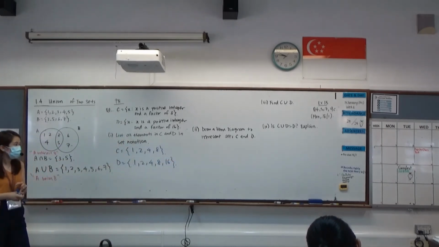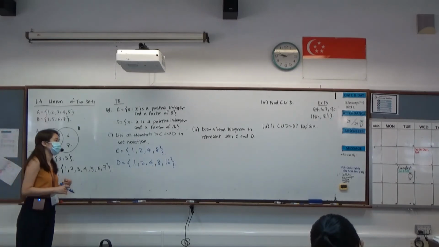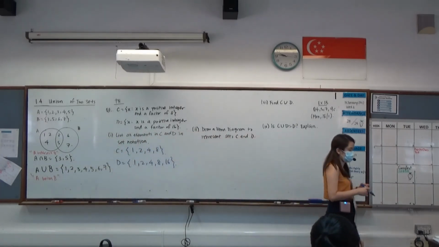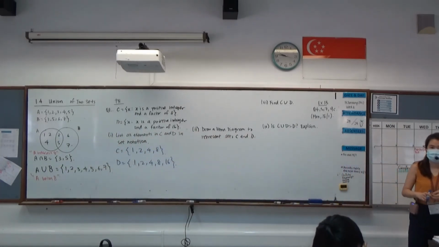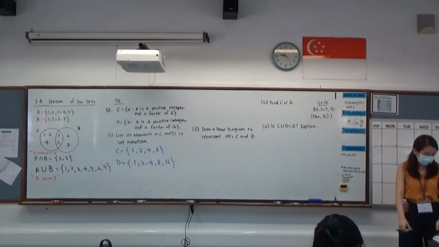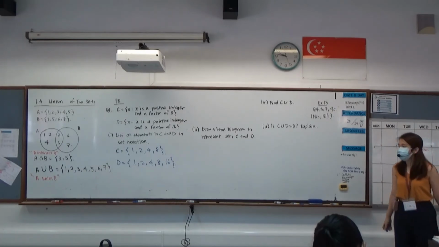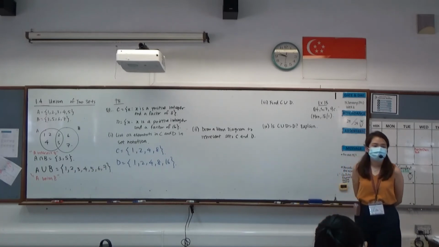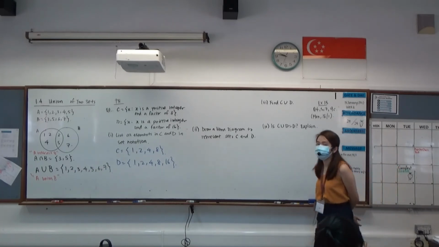Okay, in part 2, we want to draw a Venn diagram to represent the sets C and D. So how would you draw this Venn diagram? Joanne, will you describe the drawing that you may have?